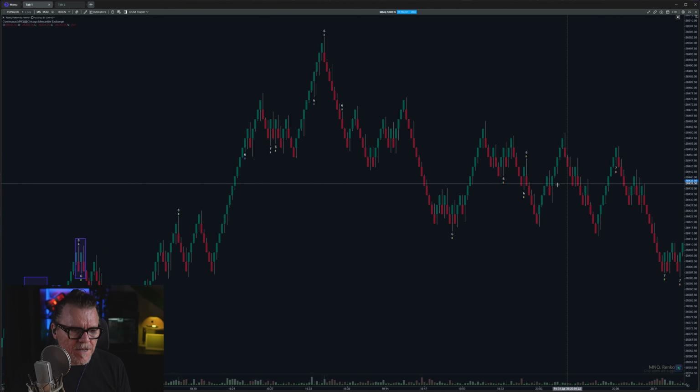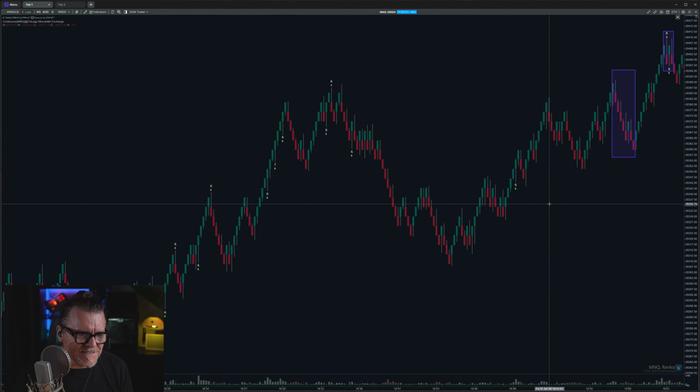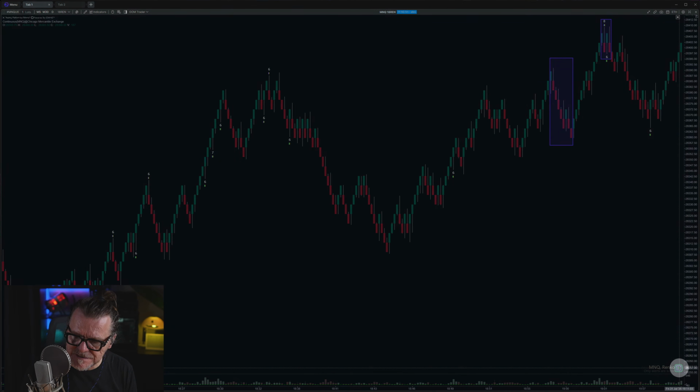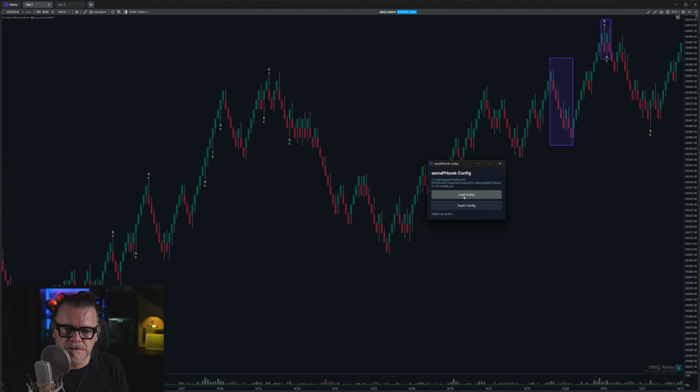Regarding the settings, obviously setting up semaPHorek is a bit challenging, isn't it? There's an icon in the bottom right corner. When you click on it, you can load the configuration or export the configuration.